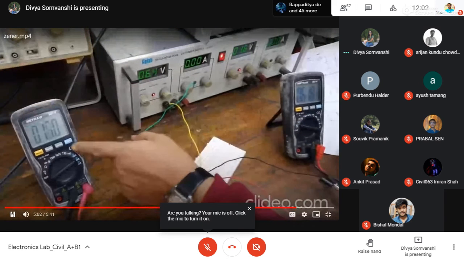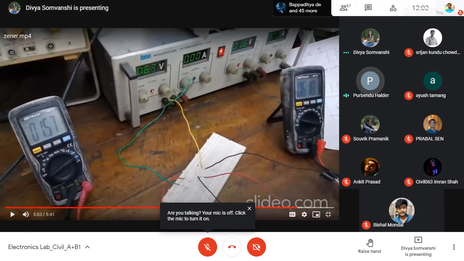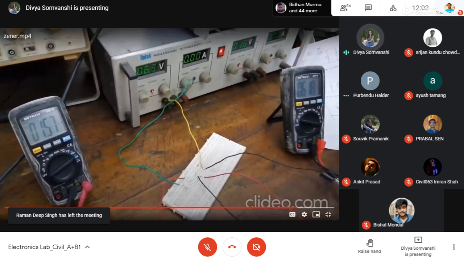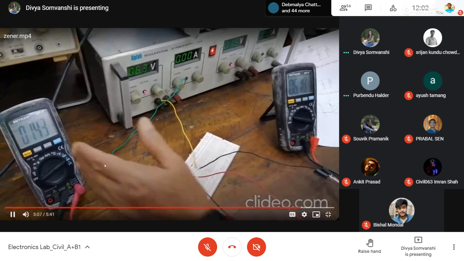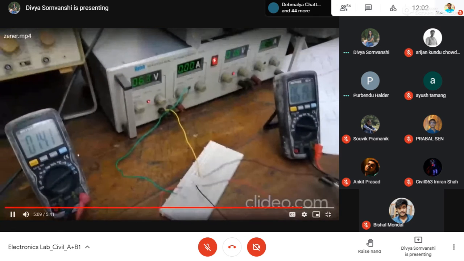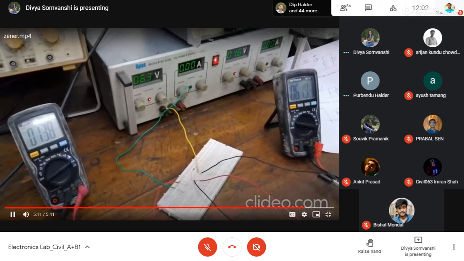If we increase further, one time will come. Ma'am, 1.73, then it goes on decreasing. So now it is coming around 1.57 milliampere, right? But ma'am, it stopped at 1.73. At 6.19, suddenly current increases. That is, breakdown appears.